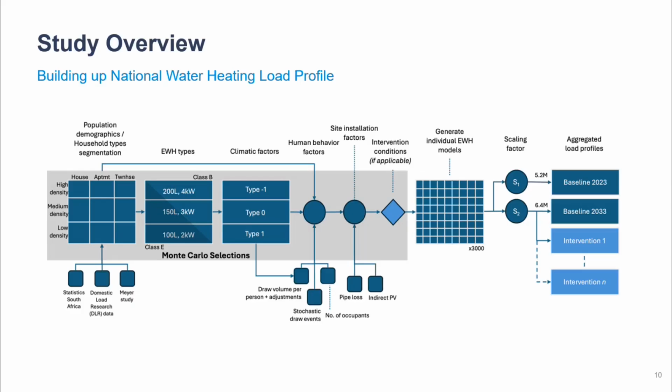The 6.4 million geysers is projected for 2033, which is in 10 years' time. For the interventions, depending on what we were intervening on, we would apply some kind of input variable, and then generate the models to produce each of the interventions.